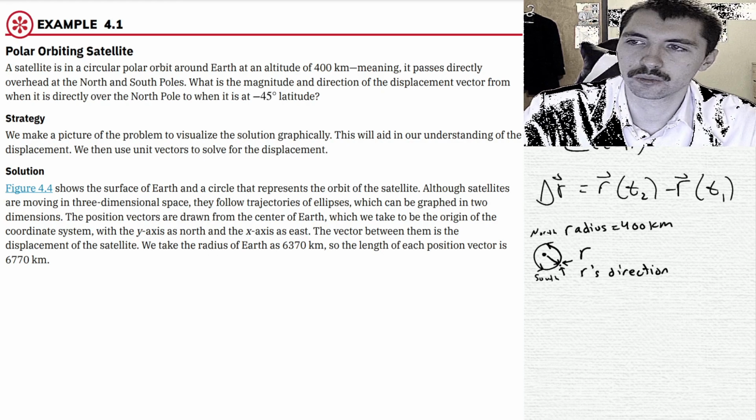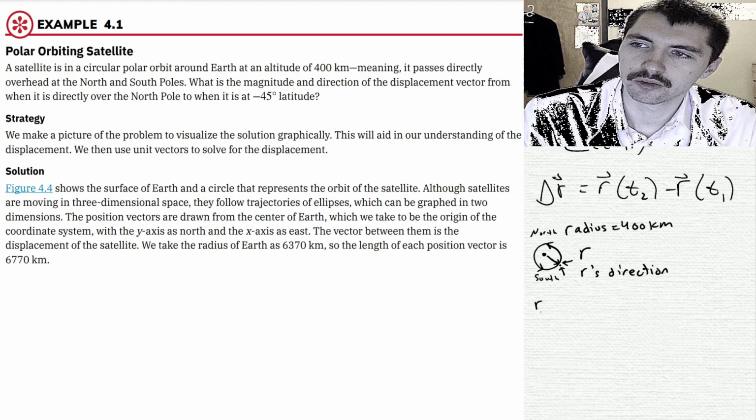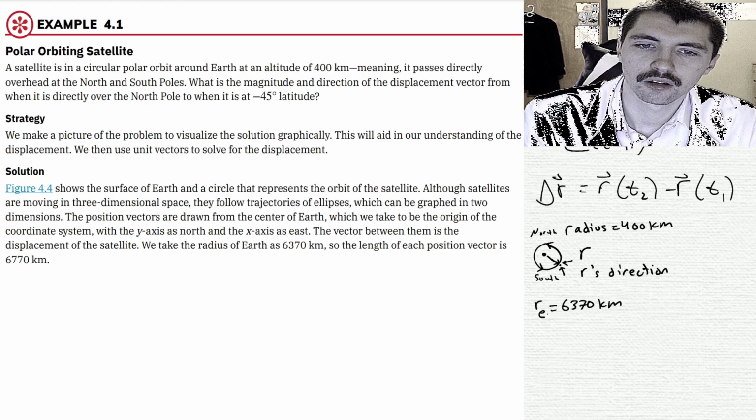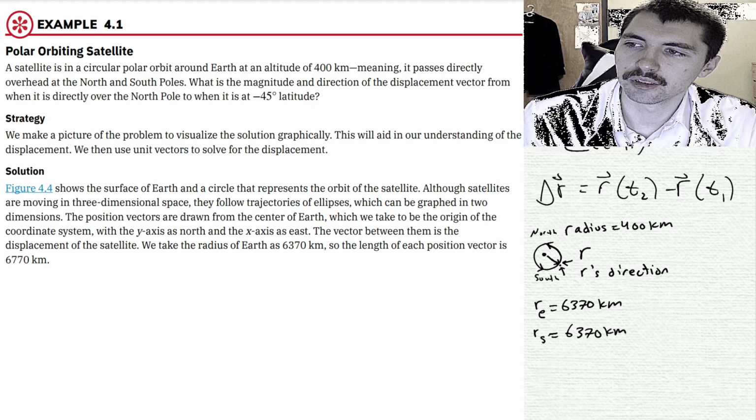Okay, so we get the knowns. The radius of Earth is 6370. So the radius of the satellite is 6370 plus 400.